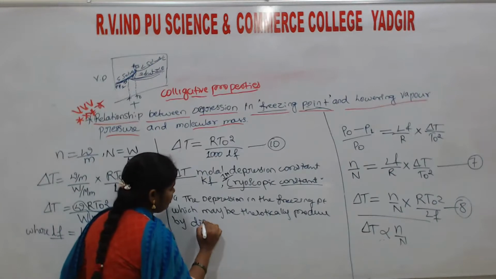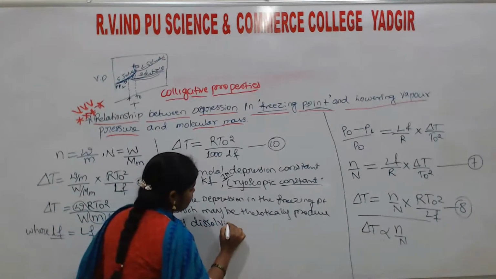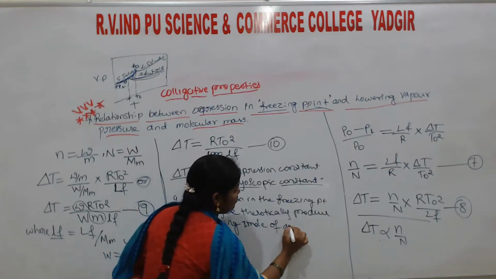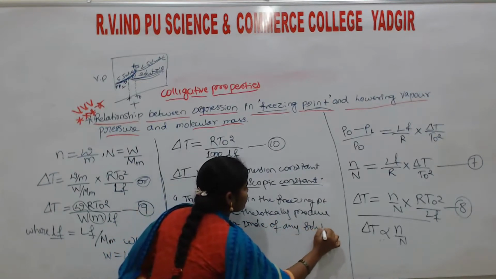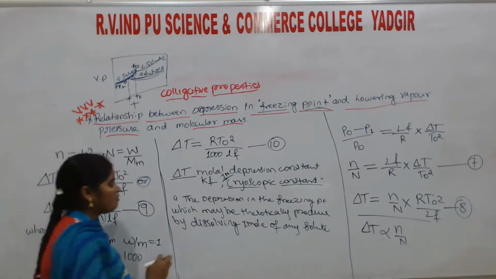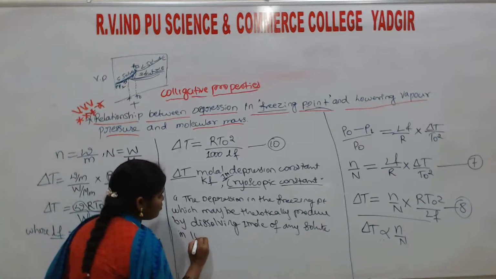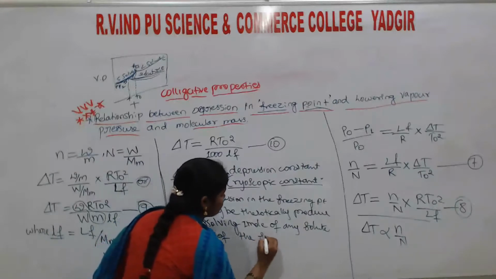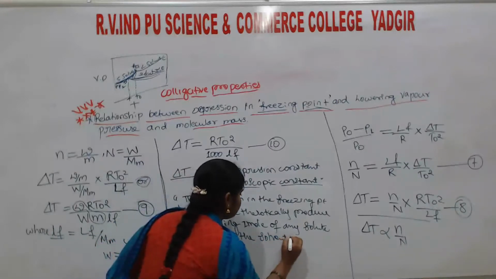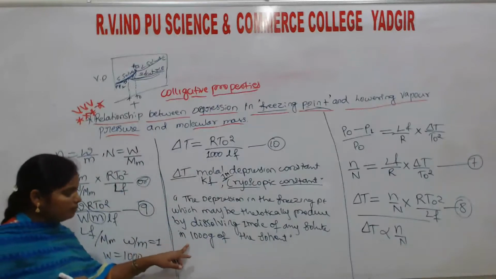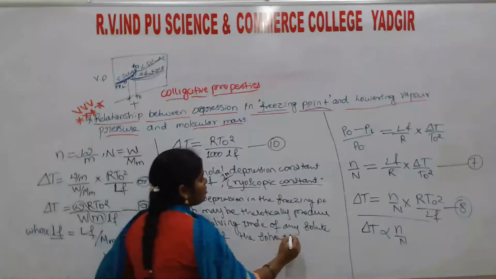in 1000 gram of the solvent. This is known as the cryoscopic constant.